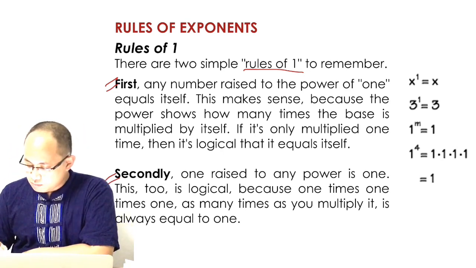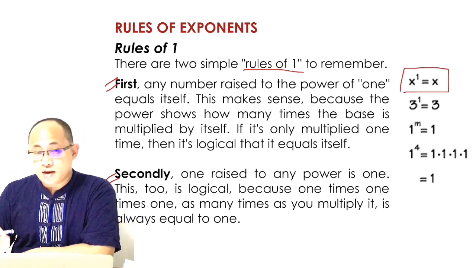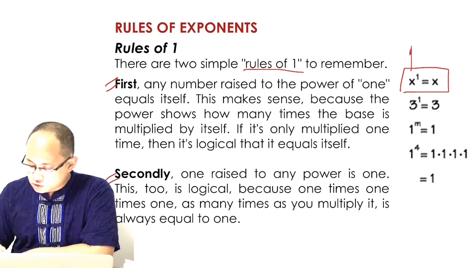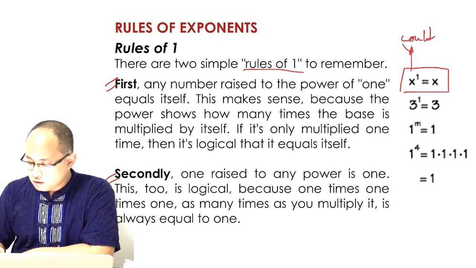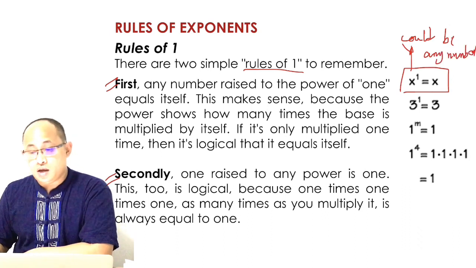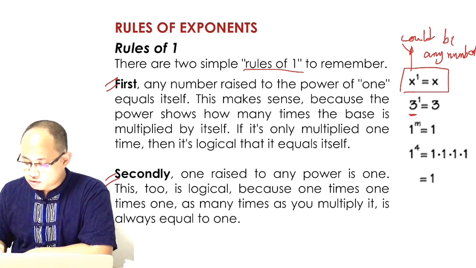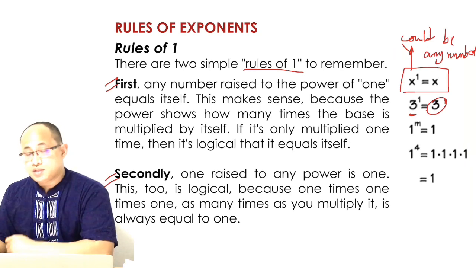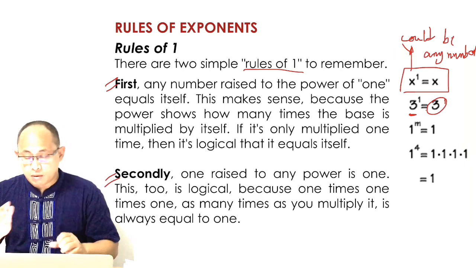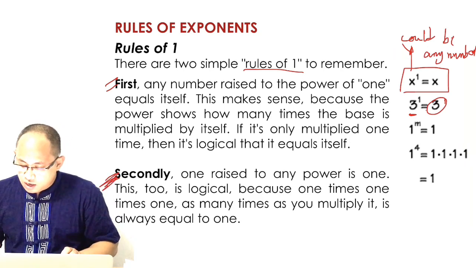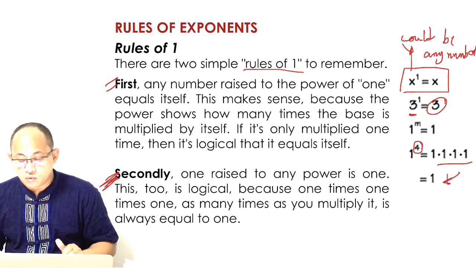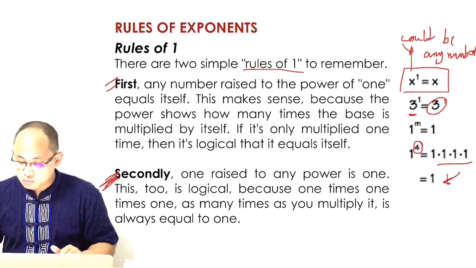For example, you have the pattern x to the power of 1, where x could be any number. So if you raise 3 to the power of 1, that gives you 3. And you have to remember, guys, that 1 raised to any power always gives you 1. So that's the first rule of exponents, the rule of 1.